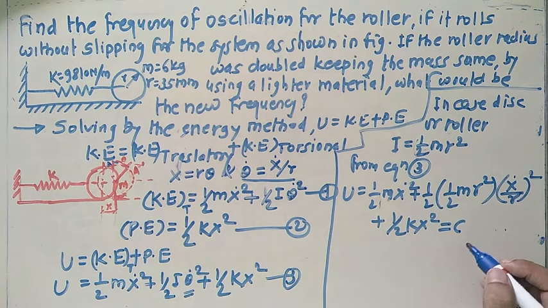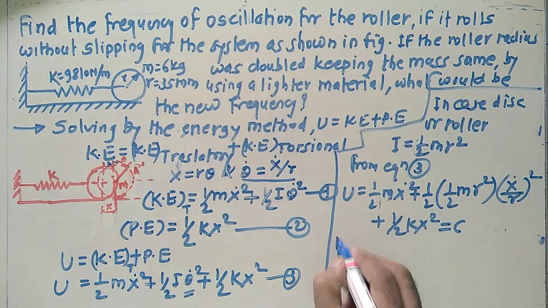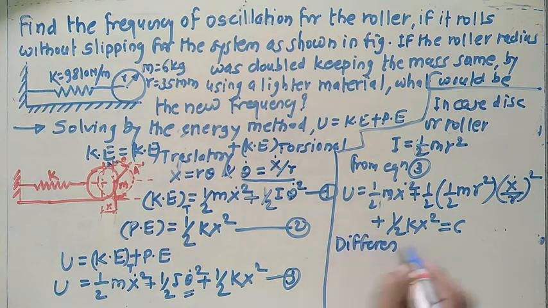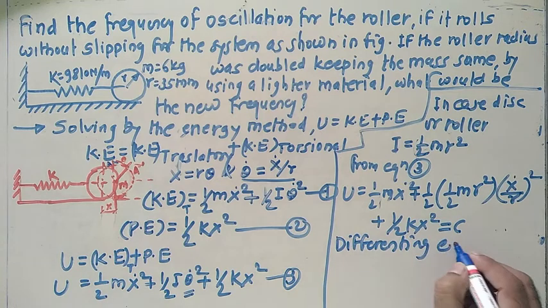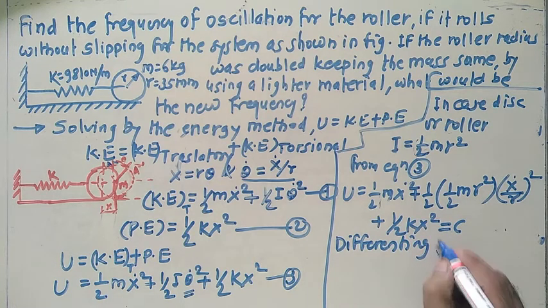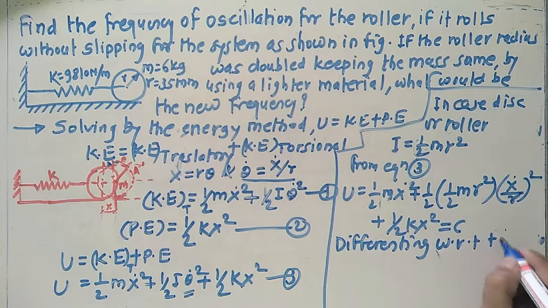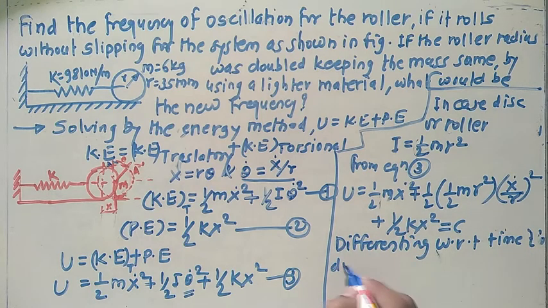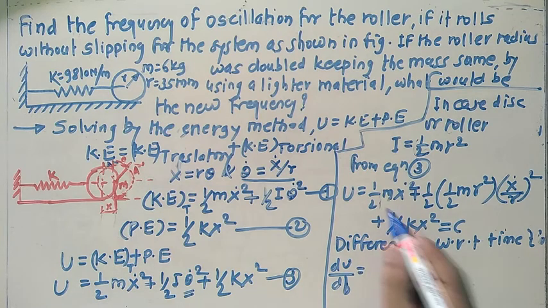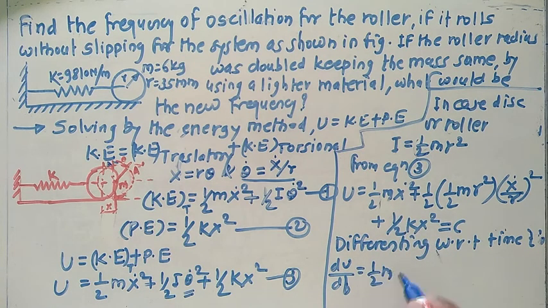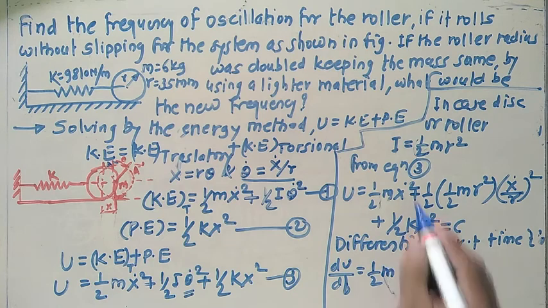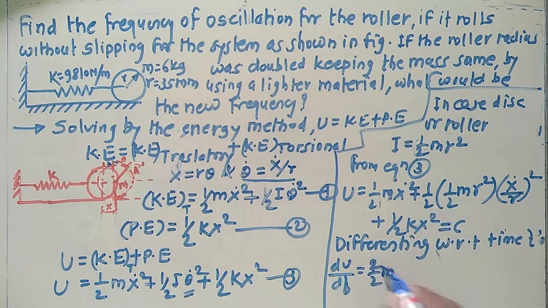Now differentiate this equation with respect to time t. What do we get here? dU by dt equals 1/2 m, which remains as it is. The derivative of this term: the 2 comes here, x dot x double dot.